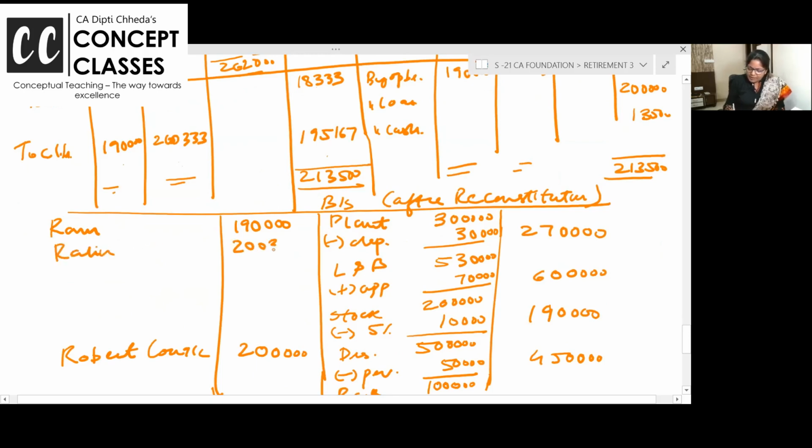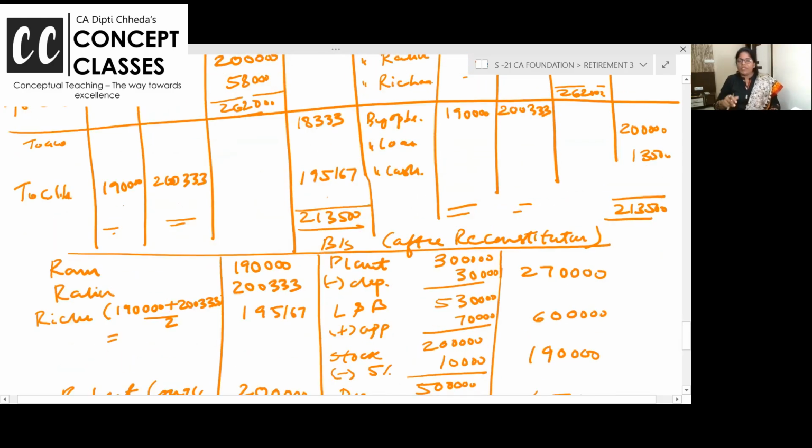Rahim is 200,333. Richard का capital should be 190 plus 200,333 divide by 2. अब आ गया सबको? Please write this in the working. 195,167. You want your closing capital, that too after the drawings.